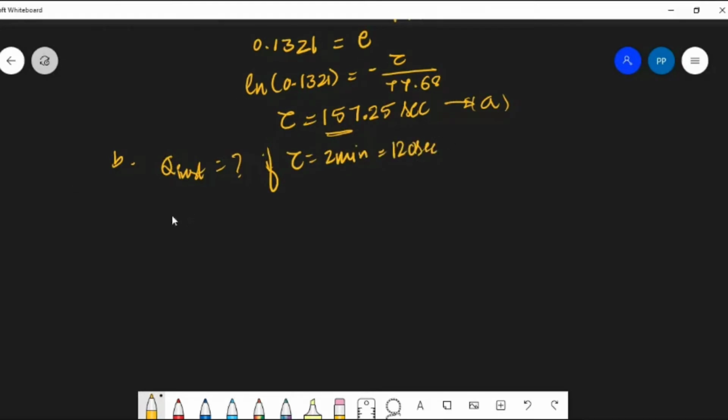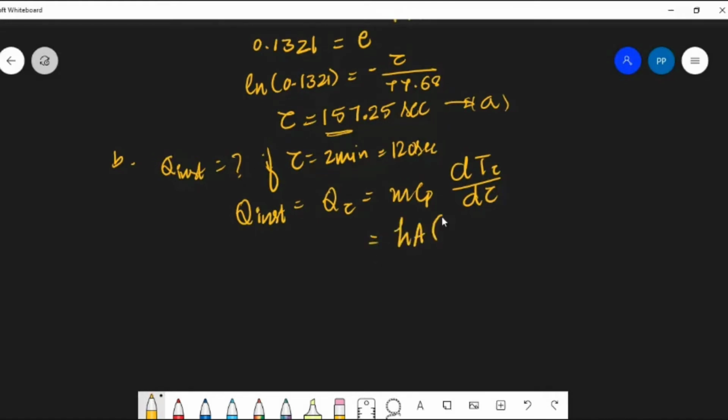Now we have two equations for Q instantaneous, or Q tau: m Cp dT by d tau, which is also equal to h into A into T tau minus Ta.